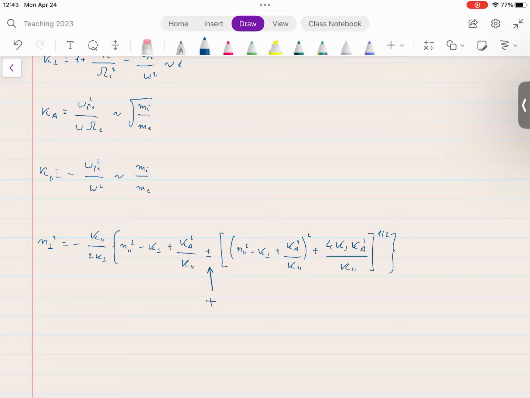But we need two things. The quantity under square root needs to be positive, and it's because we want n perp square to be real and positive. And then if that quantity is positive, the whole expression needs also to be positive.